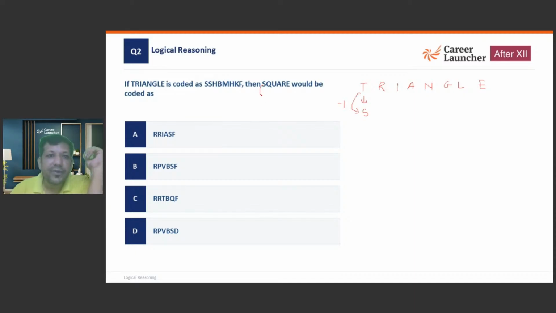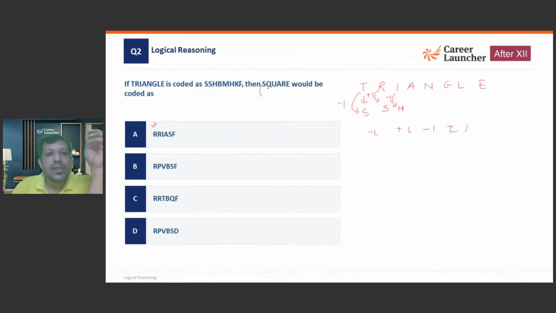So S, one letter behind is going to be R. No use for me because all the alphabets are R here. R is going to be S. This is going by +1. Then I is becoming H. This is going by -1.